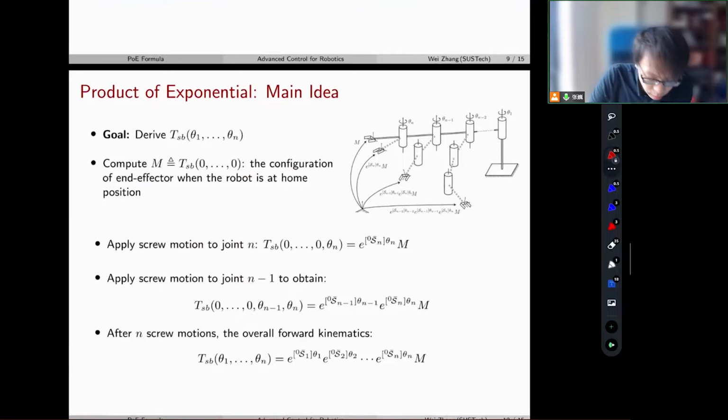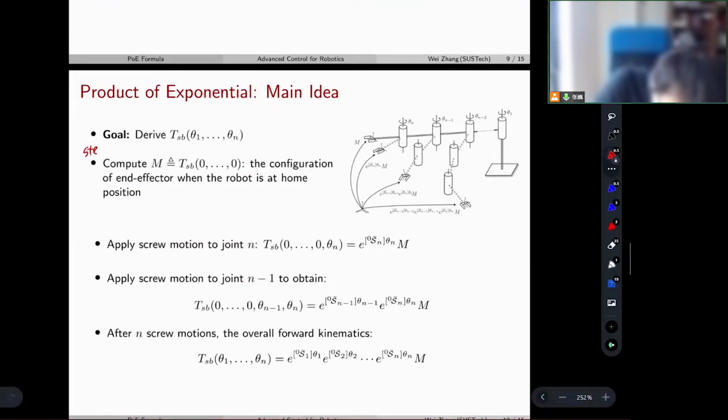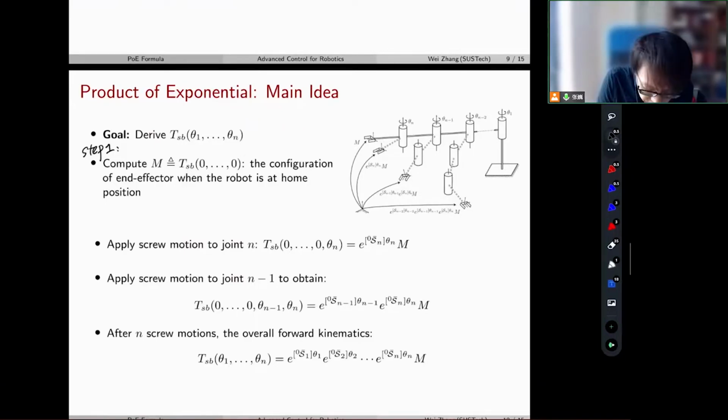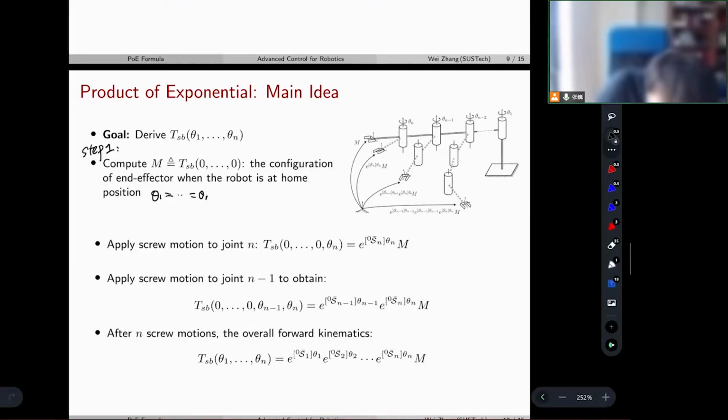Given those notations, our derivation includes the following steps. Step 1 is still to compute the configuration at home position, where all of theta 1 to theta n equal 0.